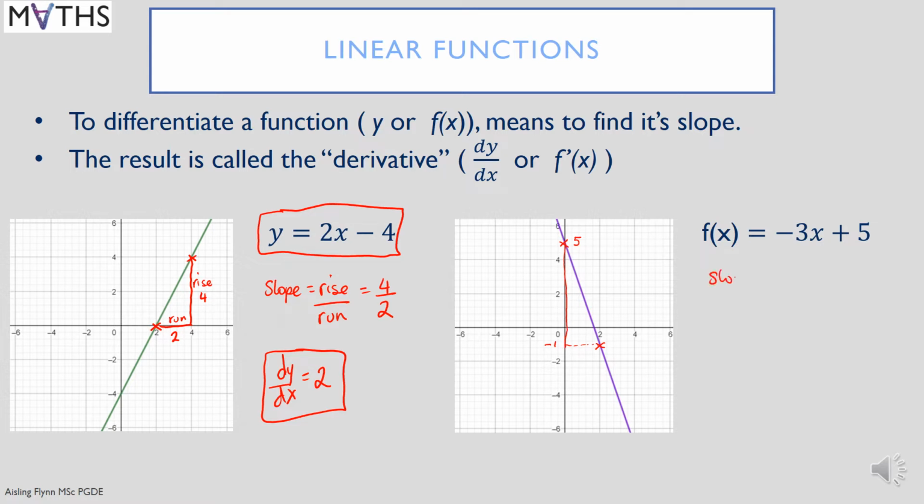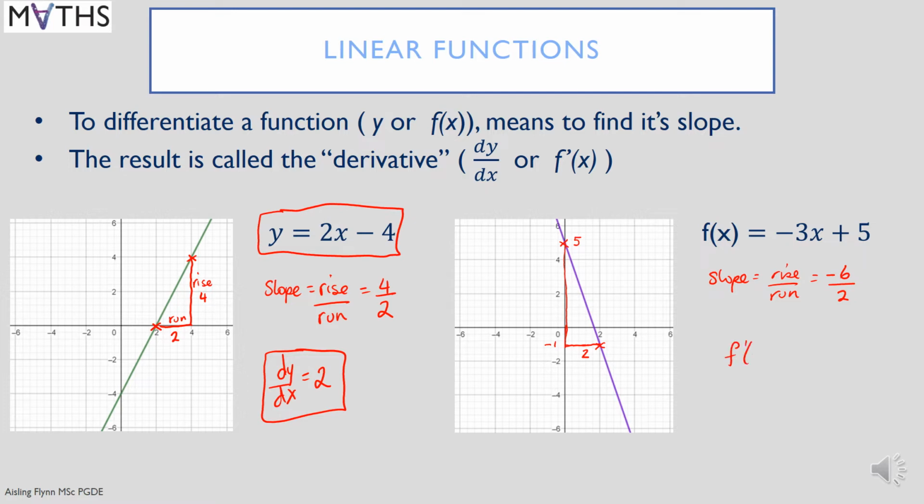So again, we're looking for a slope, which is rise over run. We are falling from positive 5 to negative 1, which is a fall of 6. And we are running from 0 over to 2, so our run is 2. And so we get the slope of minus 6 divided by 2.